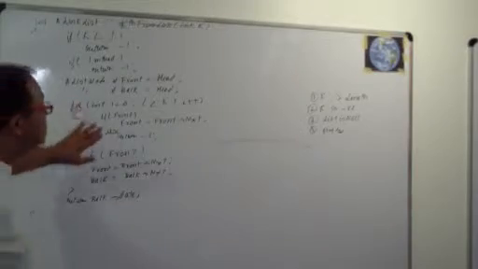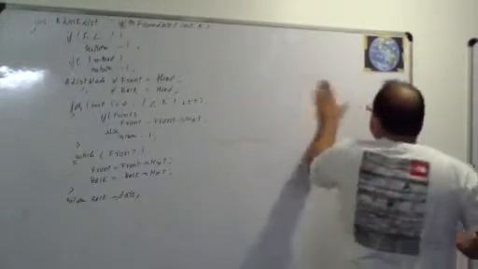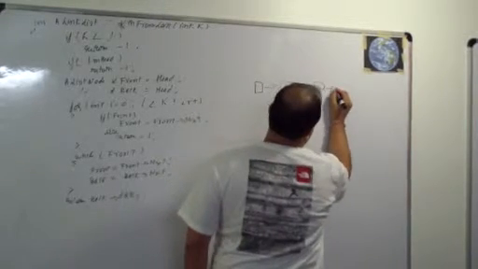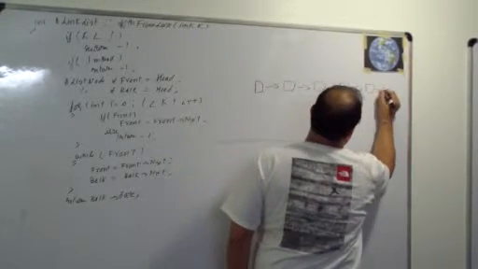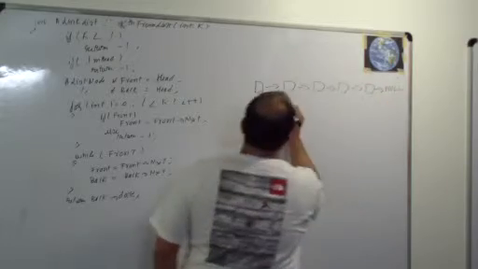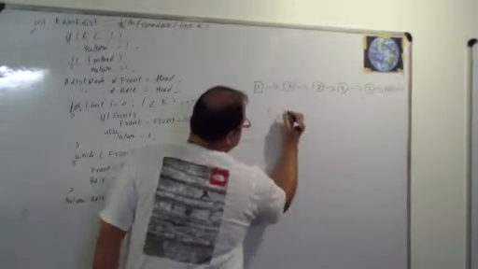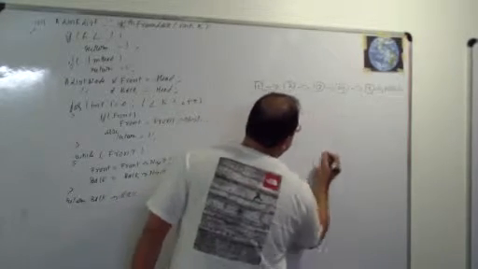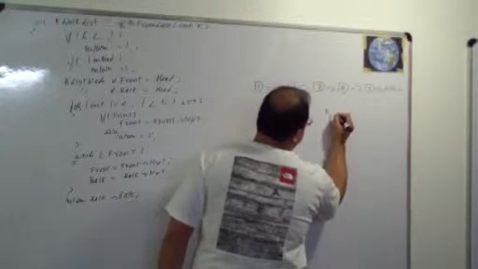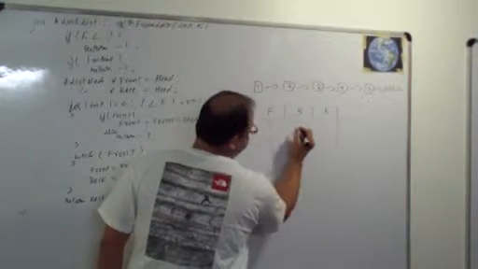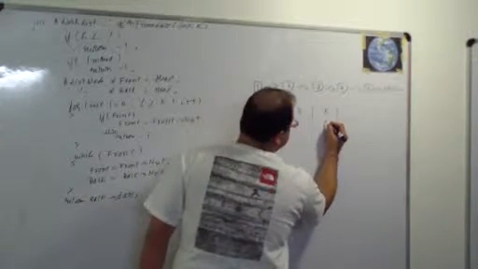Okay, so let's take an example: one, two, three, four, five. This is the front, this is the back, and k is equal to 2. Front is at 1, back is at 1, k is 2.